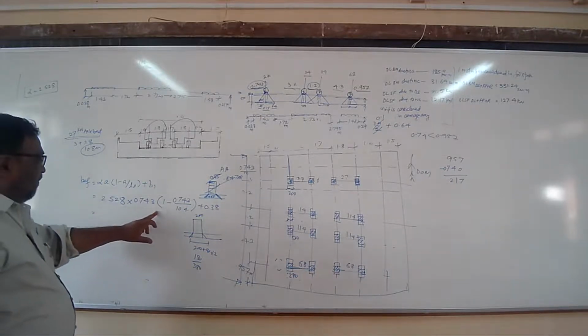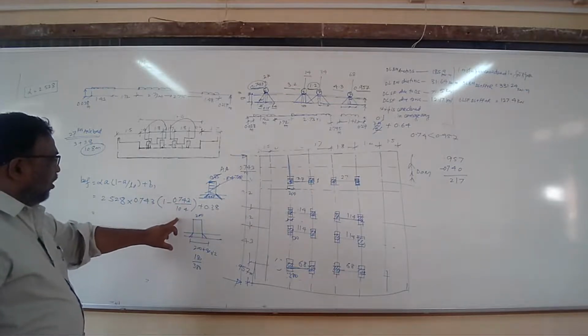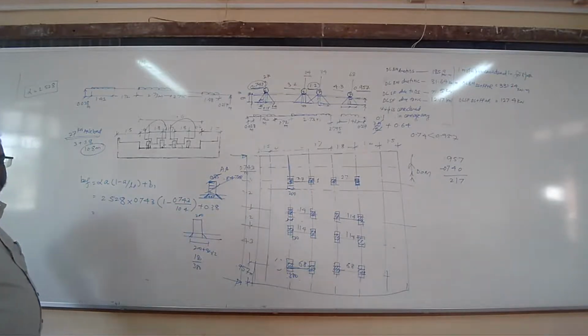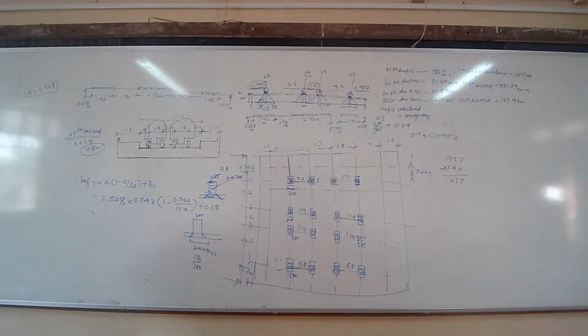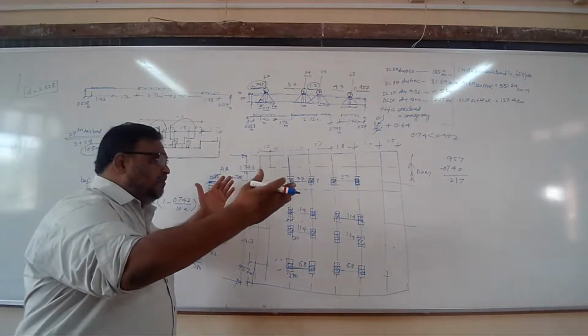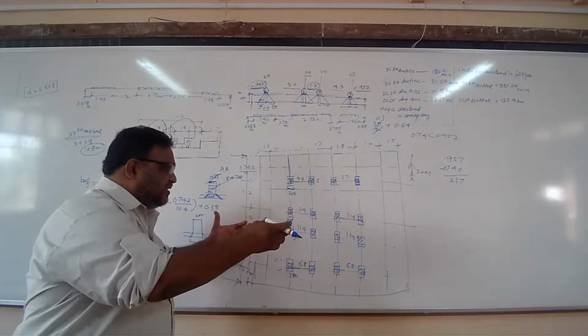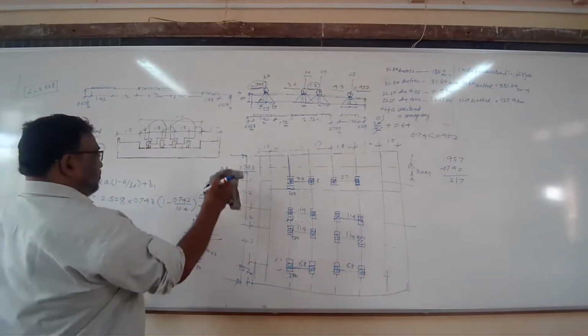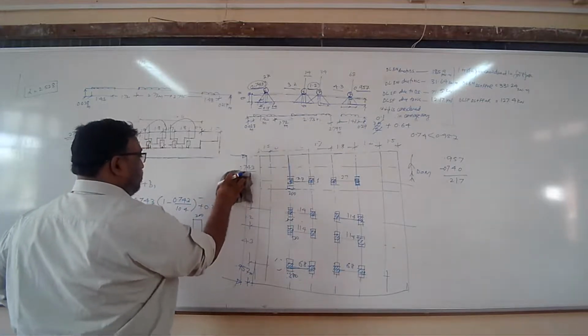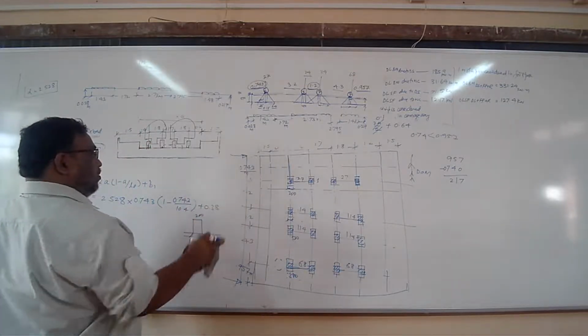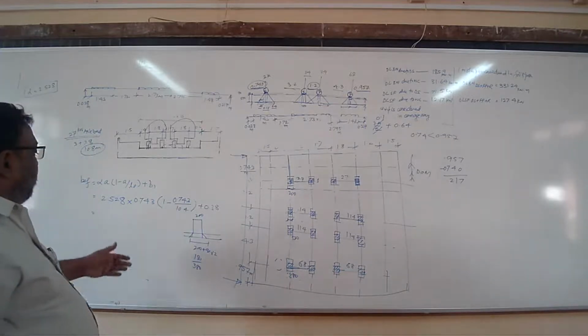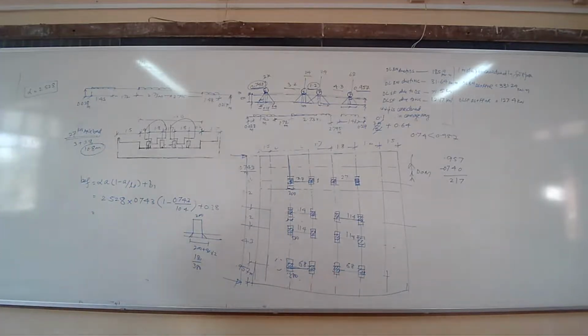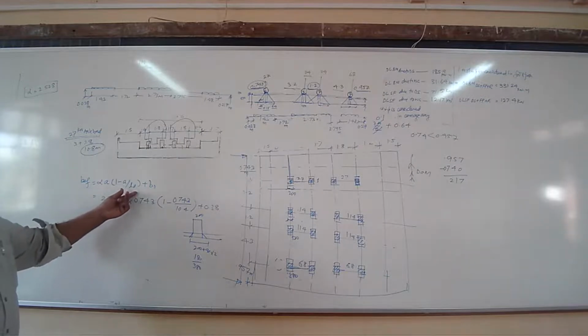Alpha A1 minus A divided by L naught plus B1. कितना रहेगा? You have to play with the distances. It is simple geometry. Distances identify करना है कि कहाँ तक इफेक्ट होगा लोड का. Please answer. अल्फा A1 minus A divided by L naught plus B1.